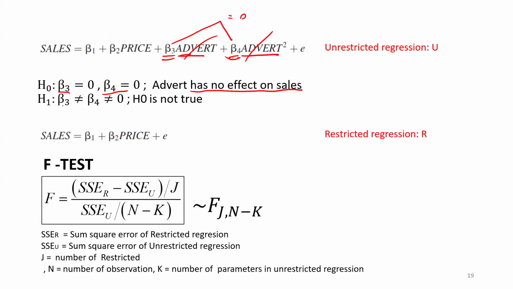Versus the alternative, at least one beta is not equal to 0. Okay, you can write at least one beta is not 0, or you can write beta 3 not equal to 0 or beta 4 not equal to 0, or you can write that H0 is not true.